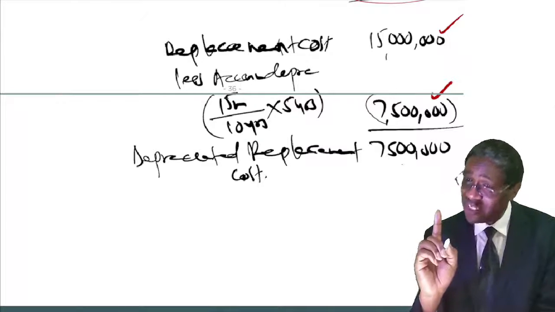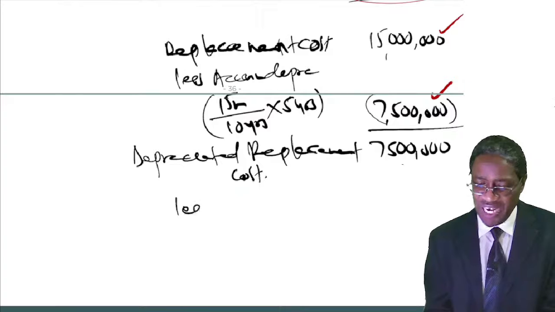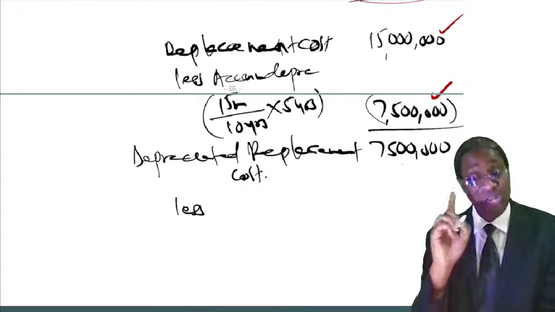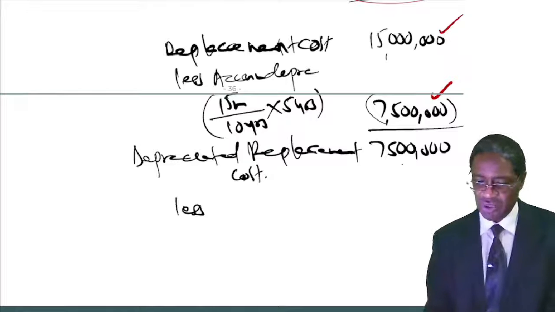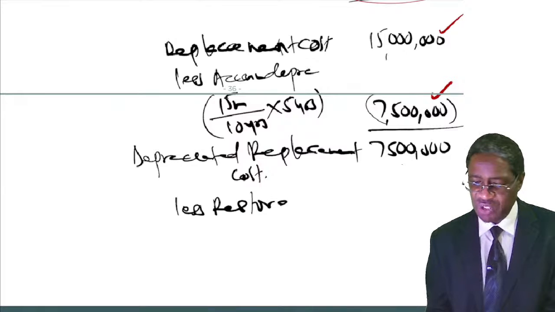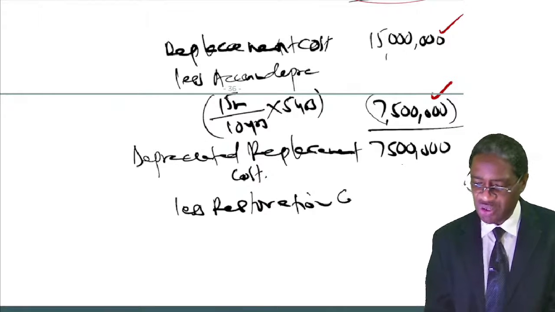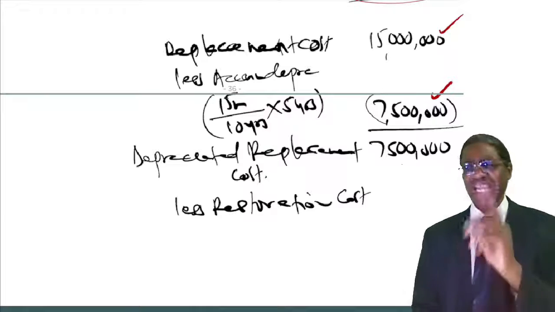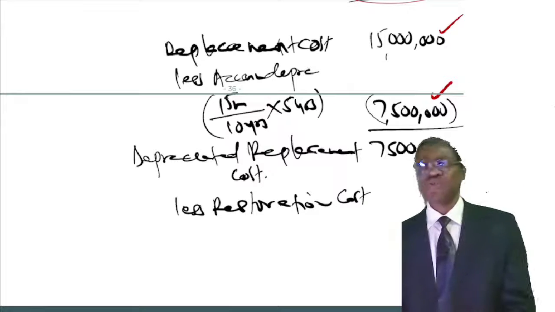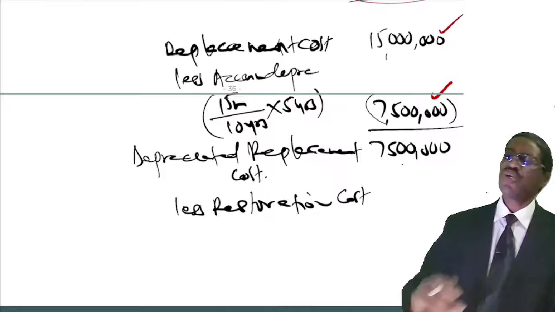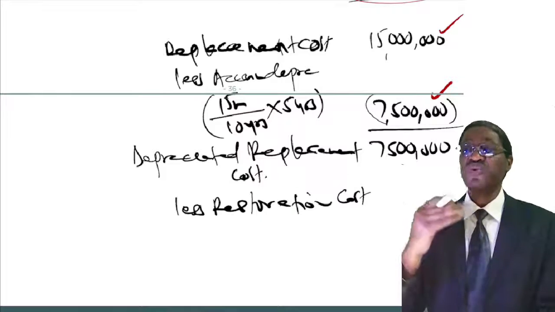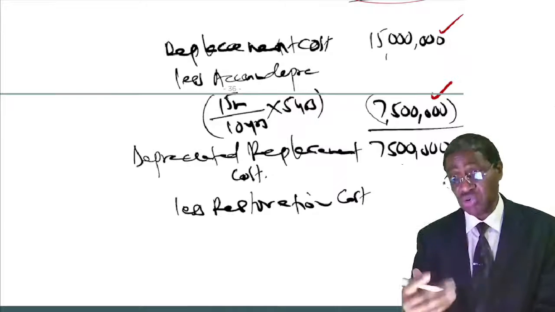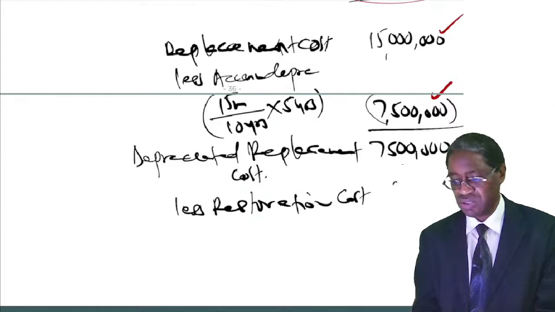That which you are given as the restoration cost, you subtract from the depreciated replacement cost. So here we shall be subtracting what we are calling the restoration cost. Let me assume that the question tells you to restore the vehicle to a useful condition, it will cost you a restoration cost of maybe 500,000.